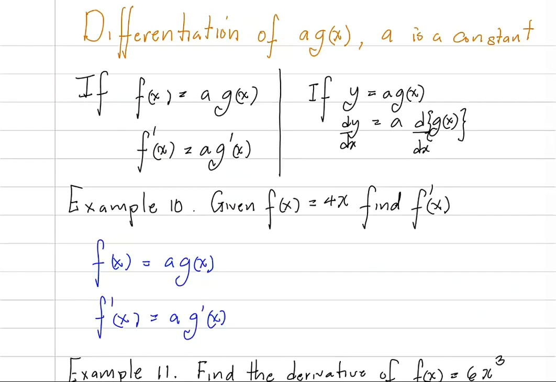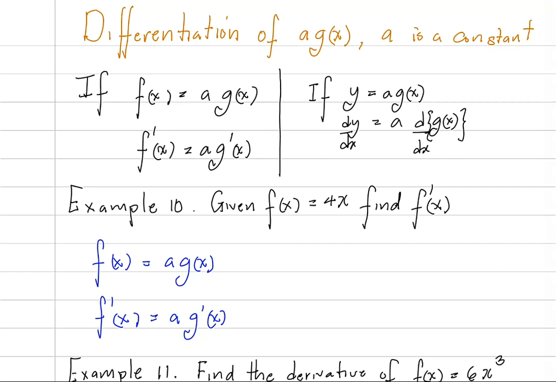All right. Differentiation of a g of x, where a is a constant. If f of x is equal to a g of x, f prime of x is equal to a g prime of x.